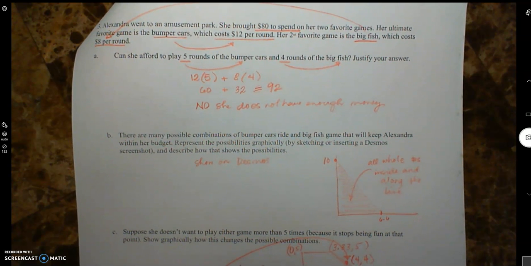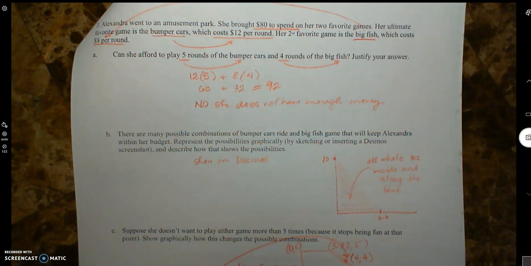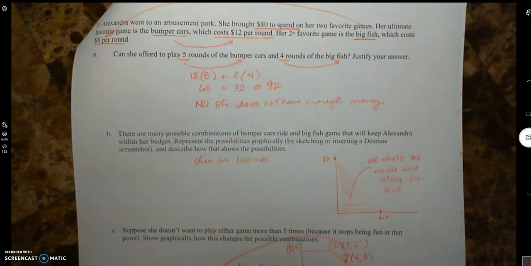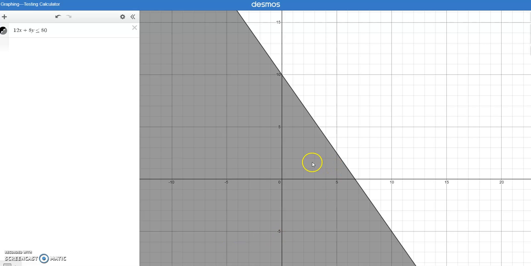There are many possible combinations of bumper car rides and big fish games that will keep Alexandra within her budget. Represent the possibilities graphically, and we are going to use Desmos on this. All right, so I want you to understand that all these inside this shaded area or here along the line are possible solution combinations. We have said that the X is the bumper cars and Y will be the big fish.